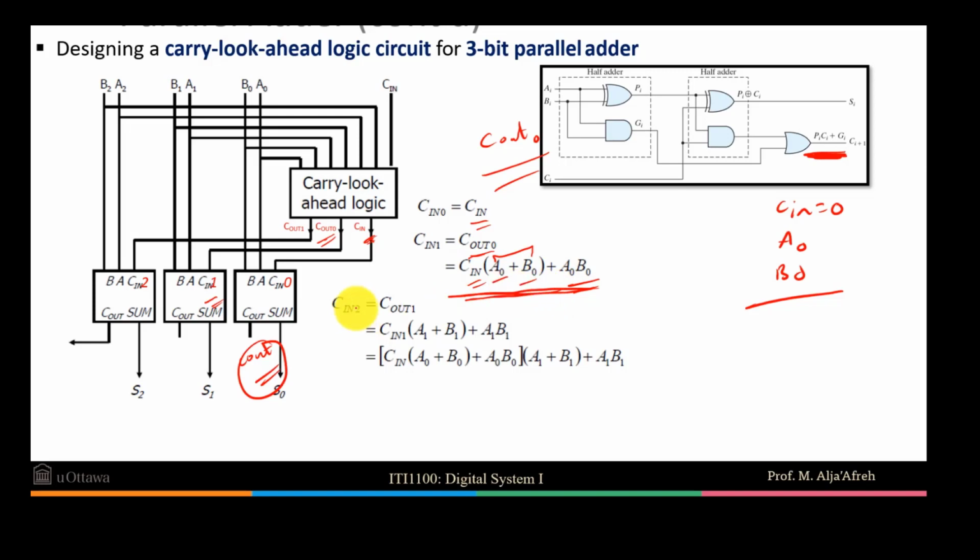Okay, guys. Now, in order to calculate Cout here, we need A1, B1, and Cn1. So instead of waiting to calculate Cn1 from this adder, what we're going to do is find a way to calculate Cn in terms of the input.